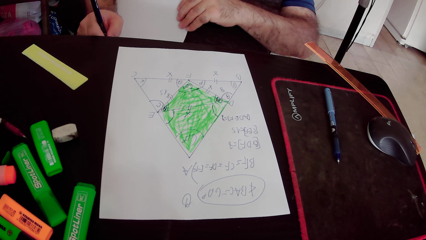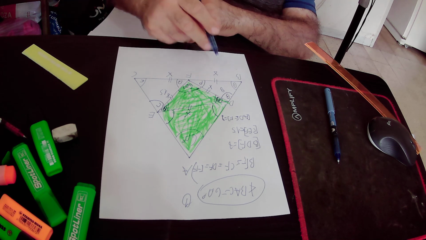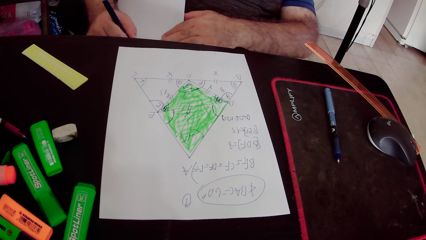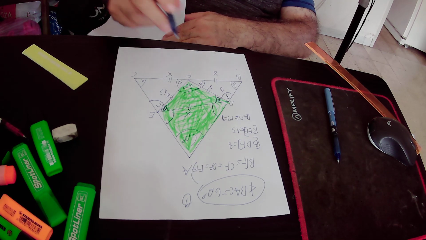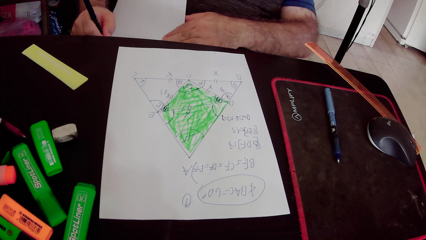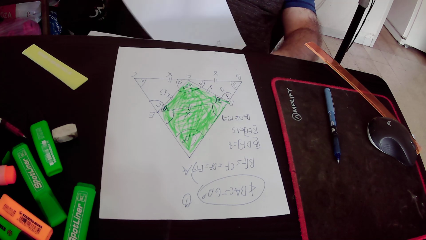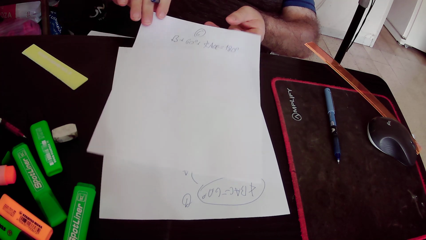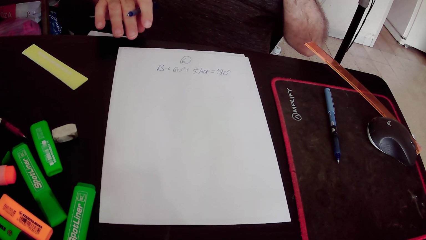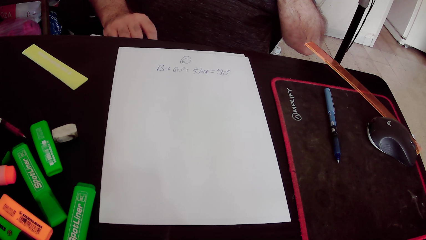That is to say, angle B plus 60 degrees plus angle ADE must be equal to 180 degrees according to rule number 3, that states that the sum of the angles on a straight line is equal to 180 degrees.